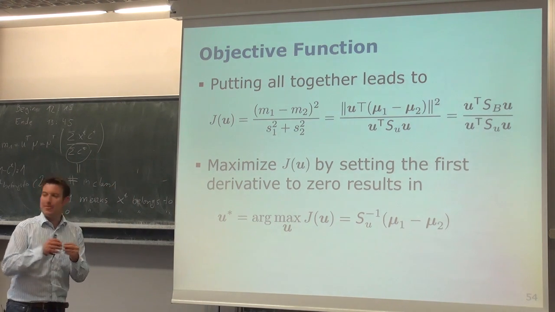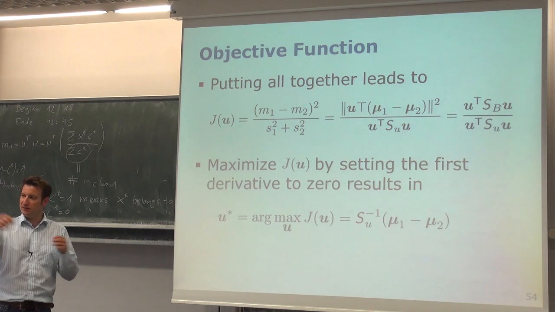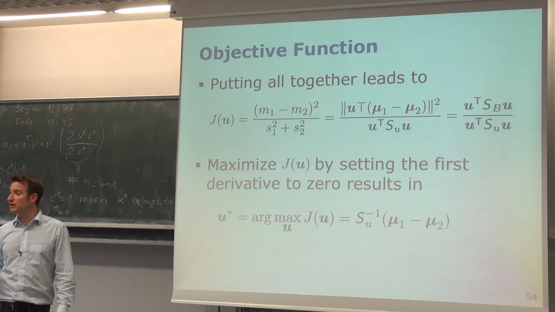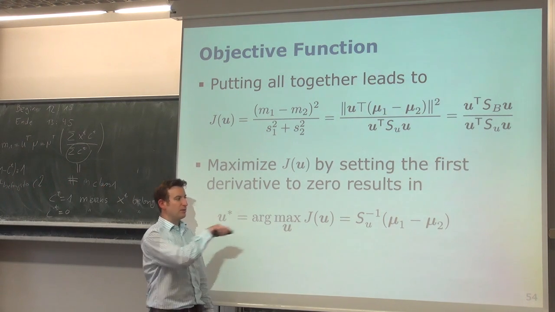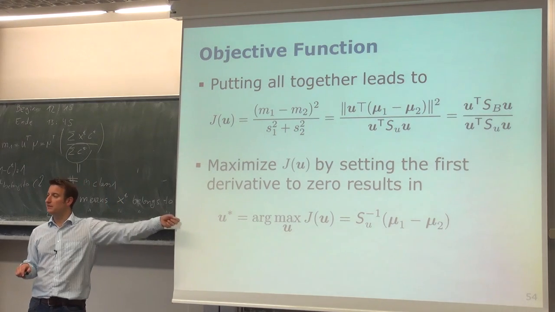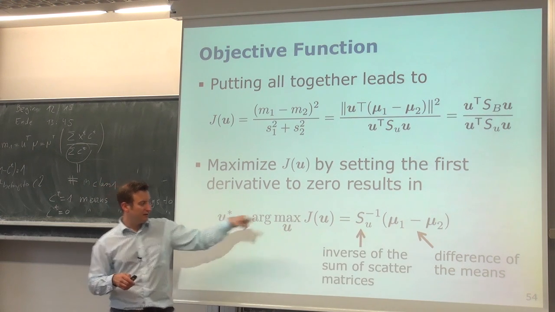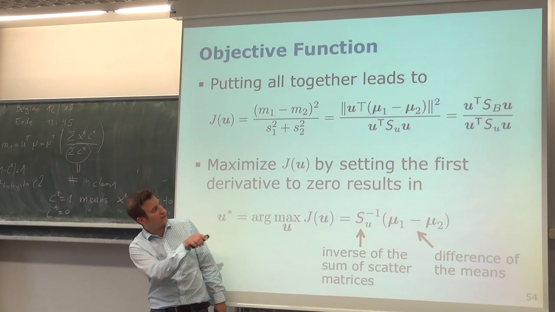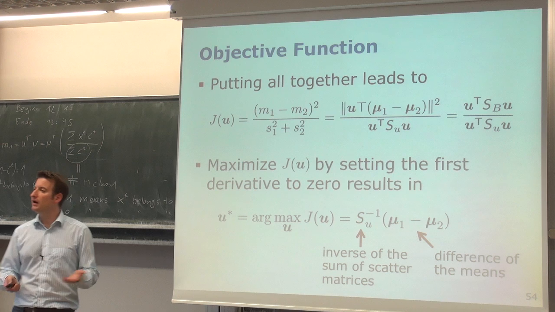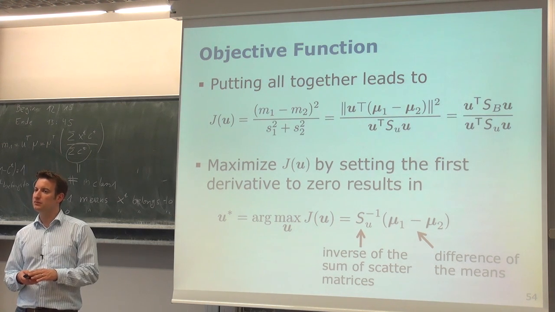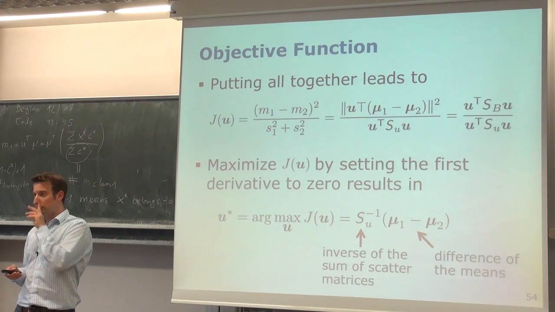It takes into account the spread of the function which depends on u, which defines the direction, and how far the means are away from each other. So this is a vector which gives me the direction u. This is the difference in the means. This is the inverse of the sum of the scatter matrices, of this guy over here, which was S1 plus S2. Just compute the inverse, and then I solved this function. I just solved that by computing the first derivative, setting it to 0, and then obtaining this result.